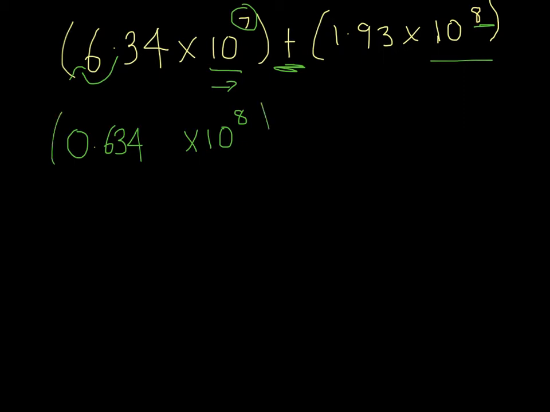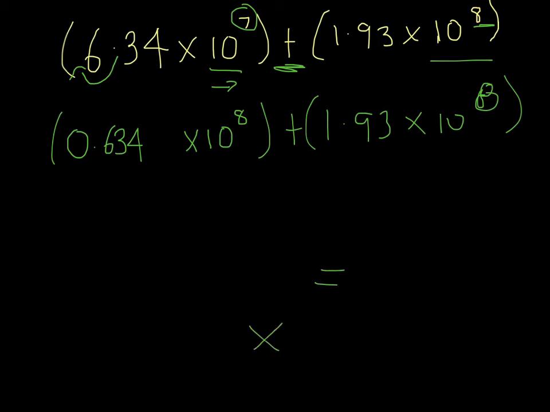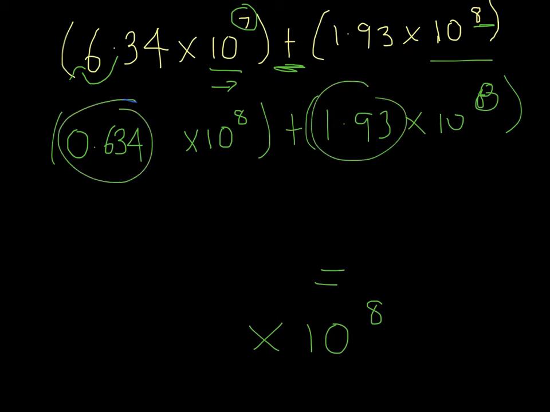Now we are simply able to add them together as we would have previously, because now that's an 8, the powers are the same. So now our answer is going to be by 10 to the power of 8. But now the two numbers we need to add together are 0.634 and 1.93.